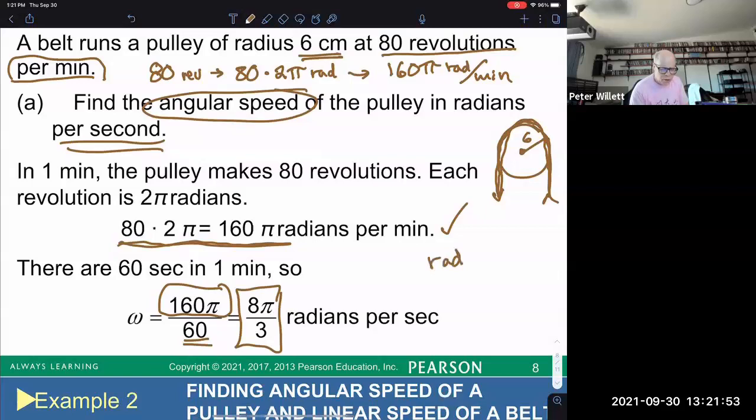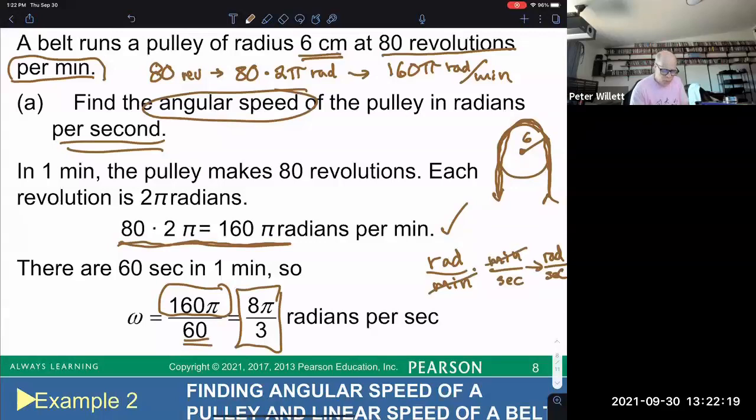If you have radians per minute, and you want to convert that into radians per second, then the minutes needs to be changed into seconds. So you would multiply that by a measure of units that's minutes in the top and seconds in the bottom, because the minutes then cancel out and you're left with radians per second.